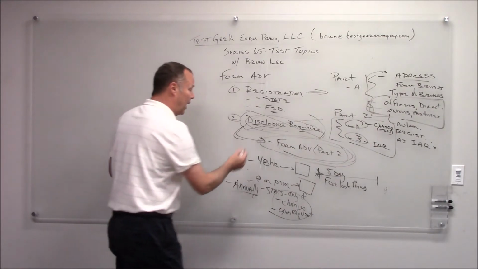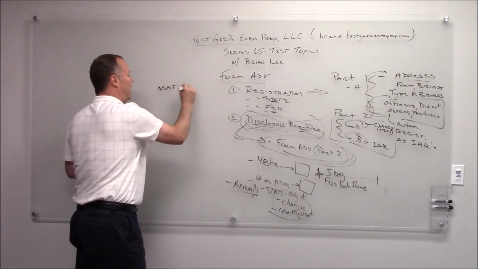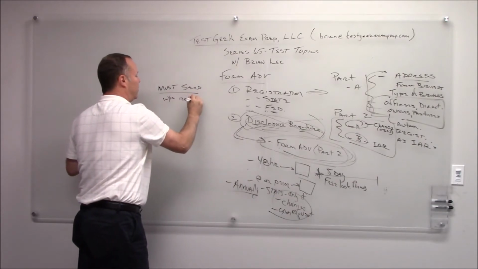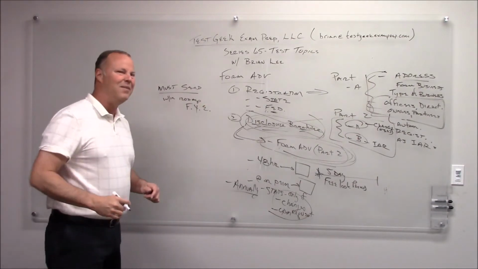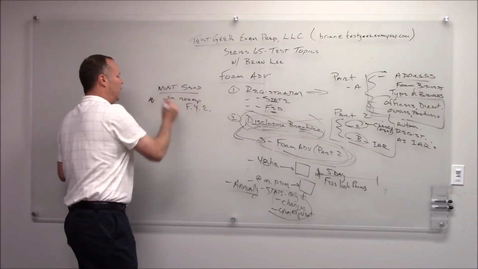The federal advisor, okay, must resend annually within 120 days of their fiscal year end. That has been a testable question in the past, that time period, right?